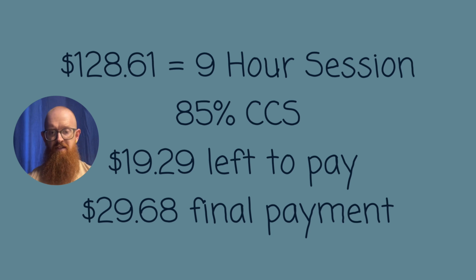This gives us $19.29 left to pay. But we can't forget that $10.39 from the CCS cap that is automatically brought over. So the total comes to $29.68 to pay for this one day, a difference of $15.78 from the first calculation to this.